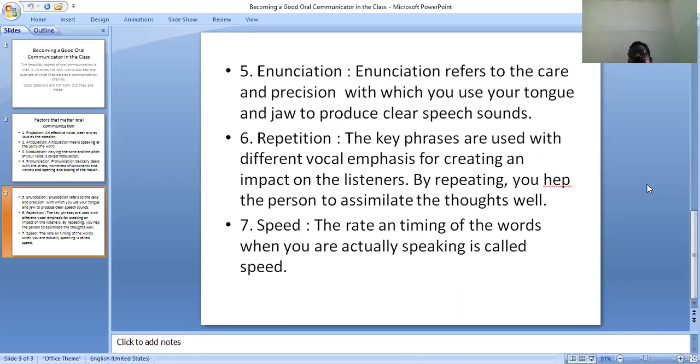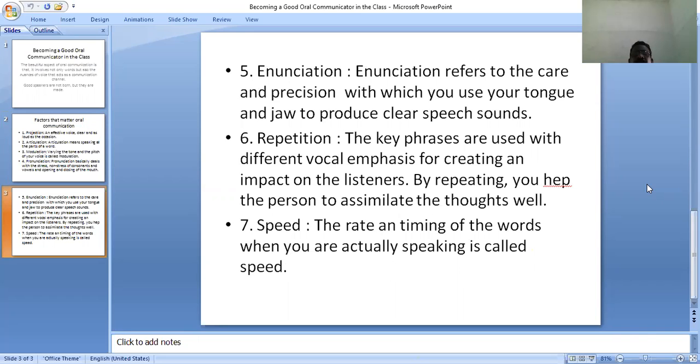Can you show all feelings? That is enunciation. Your tongue and jaw should have free movement, then only can we freely speak all of the sounds.